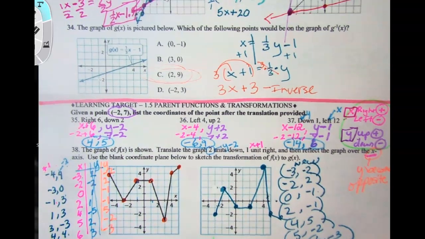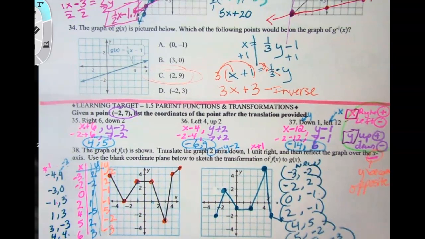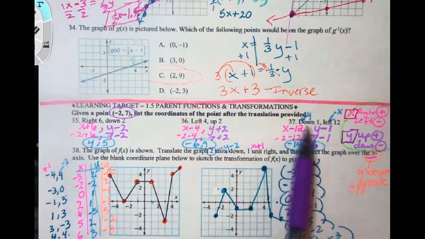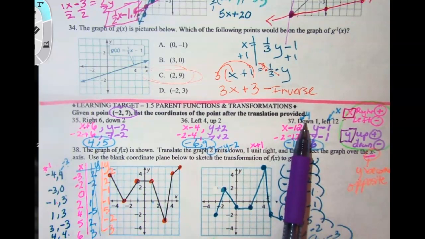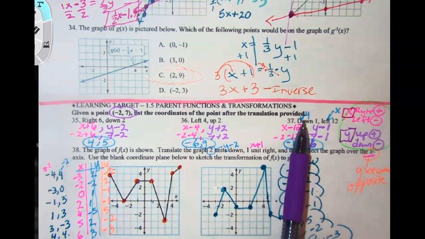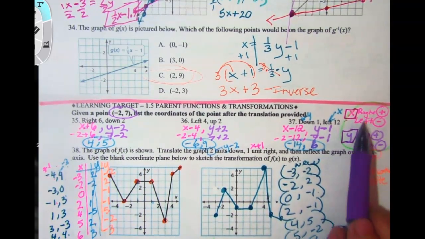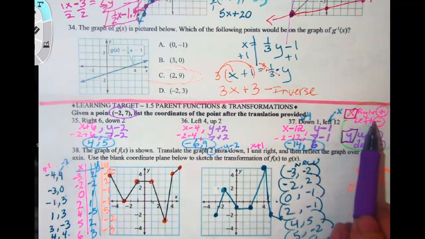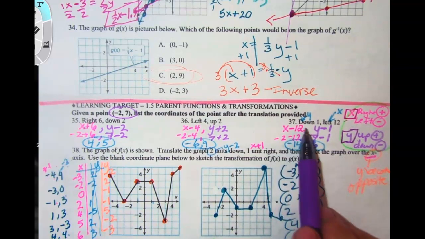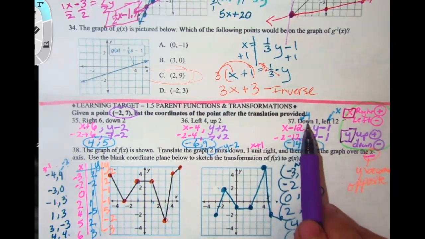Okay, there was only a tricky one when they do the up or down first. This was one that was a little bit different because we need to make sure we understand we're not necessarily always doing our x first or our y. The right or left gets done to the x coordinate. The up or down gets done to the y coordinate.